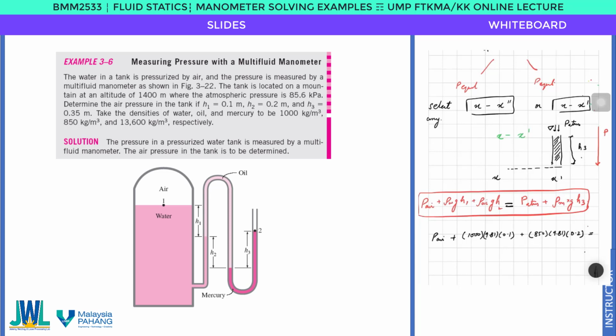The atmospheric pressure is given as 86 kilopascals, so 85.6 times 10 to the power 3 pascals, plus the density of mercury, 13600 kilogram per meter cube, multiplied by gravity 9.81, multiplied by h3, which is 0.35.